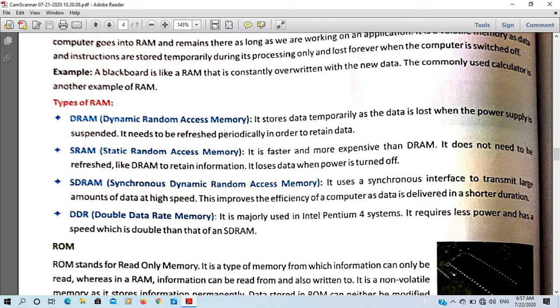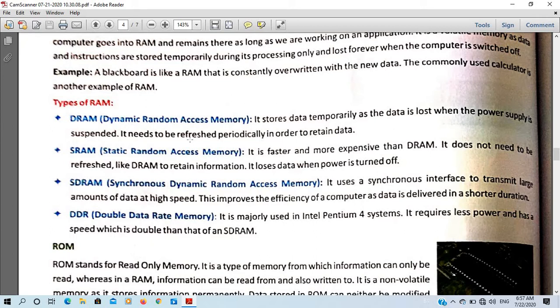It was the very first type of RAM, and see what it does. It stores data temporarily, as the data is lost when the power supply is suspended. It needs to be refreshed periodically in order to retain data. So when DRAM is used in our system, it has to be refreshed every time for quick random access of the resource from the hard disk or your system.